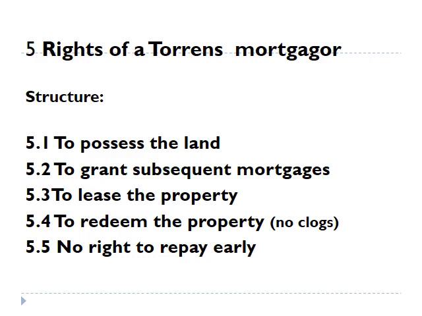These rights that we're going to deal with are important, and we will look more carefully at the right to redeem the secured property, and in doing so we will examine the concept of clogs on the equity of redemption, that is, obstructions in the way of paying off the mortgage.